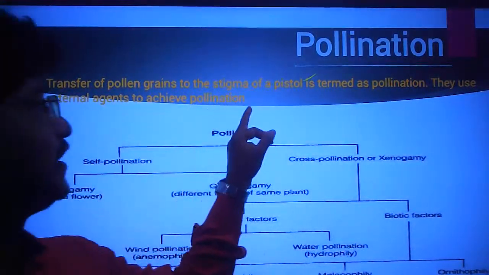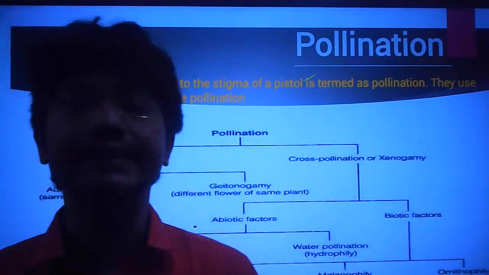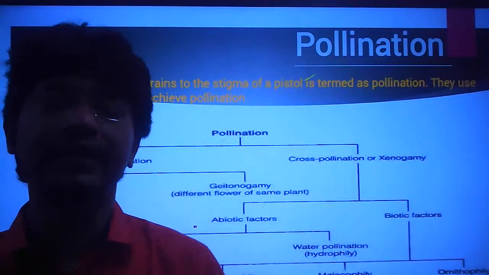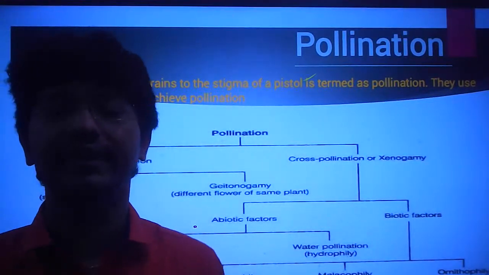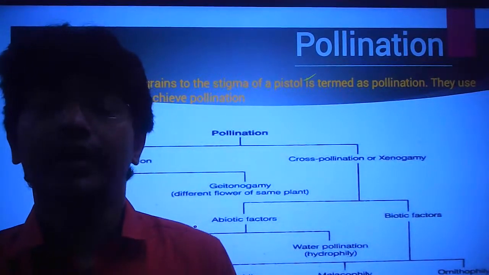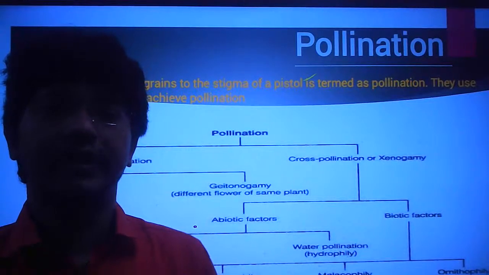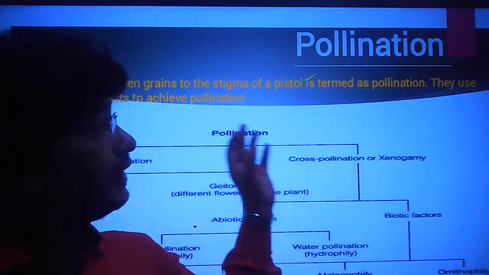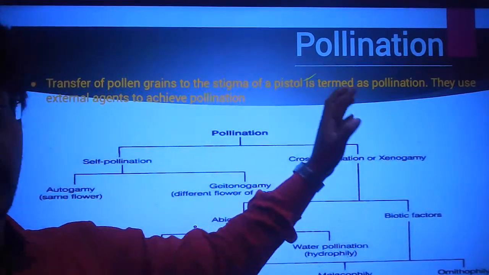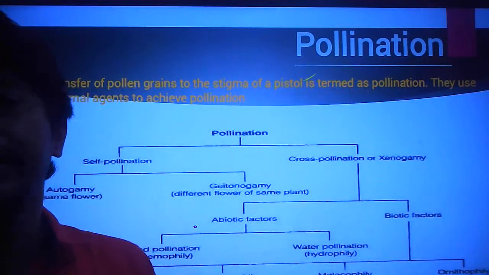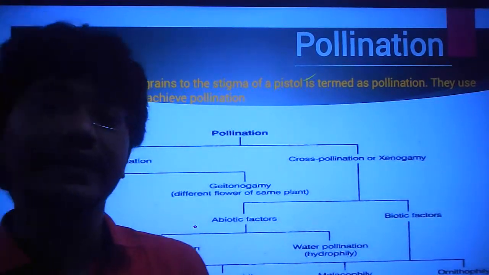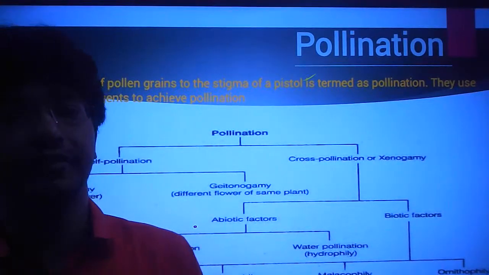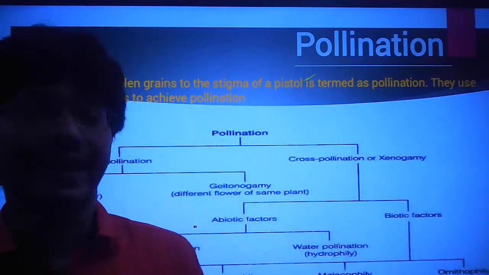External agents are used to achieve this pollination. The pollen grain, the male gametophyte, which we also call a microspore, is transferred towards the female part, to the stigma. It may be the same flower, a different flower, or even different plants.